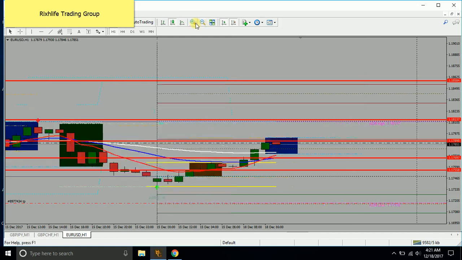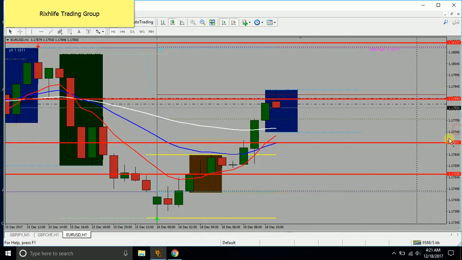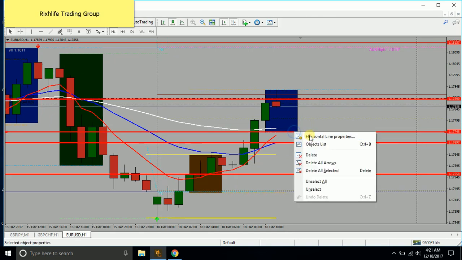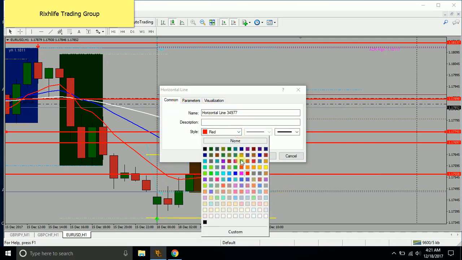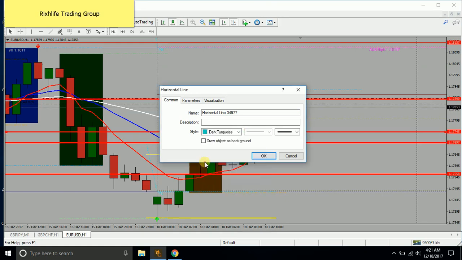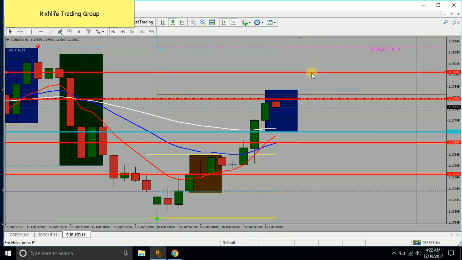Now the entry for today's trade came, let's zoom up. Entries for today's trade came here, came above here. Entry for today's trade was between there, and we had the stop loss here.